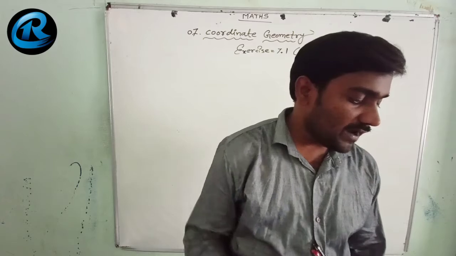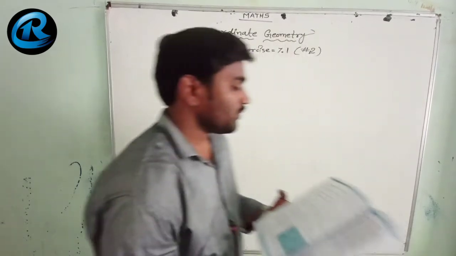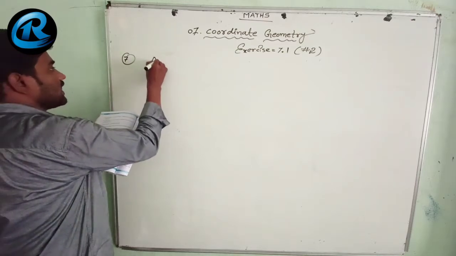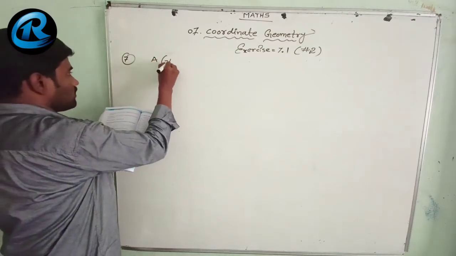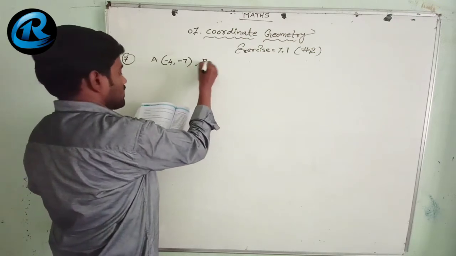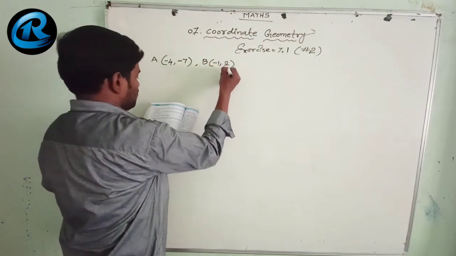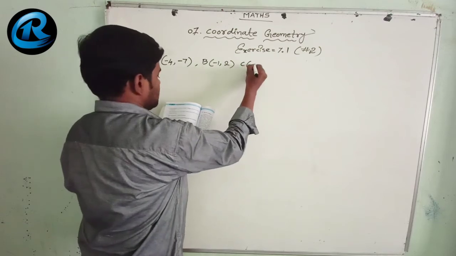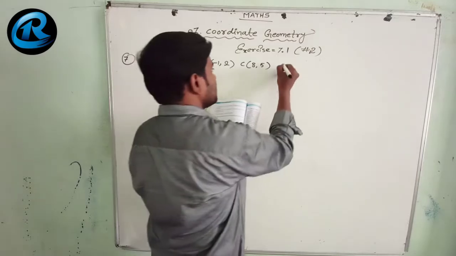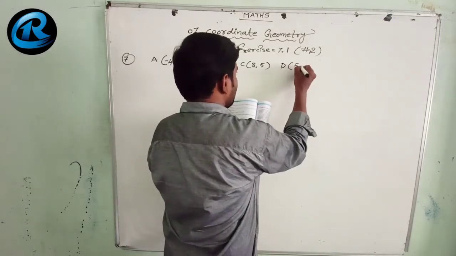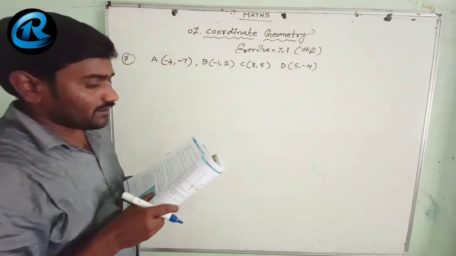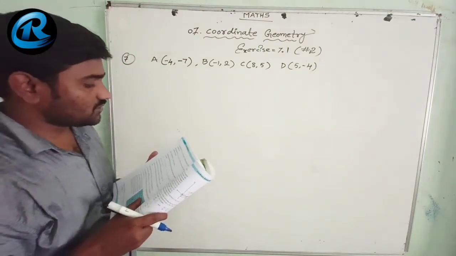Show that the points A(-4, -7), B(-1, 2), C(8, 5), D(5, -4) taken in order are the vertices of a rhombus.